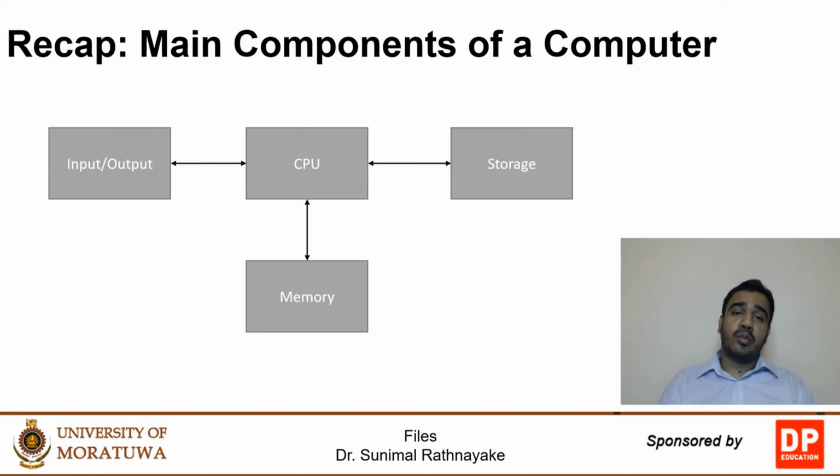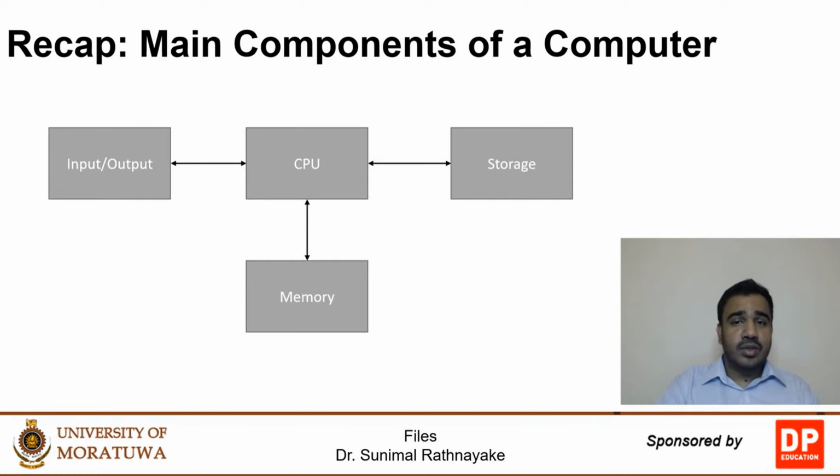Before we start talking about files, let me do a quick recap on the main components of a computer system, which you learned at the beginning of this course. This will help you understand the role of files in a computer system.